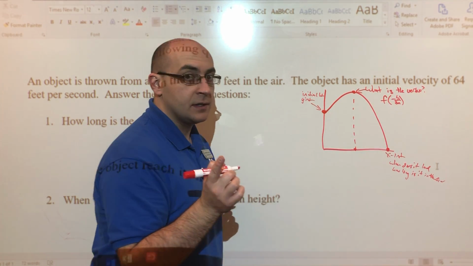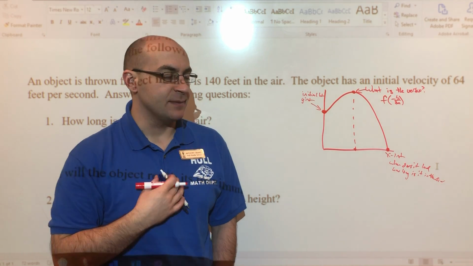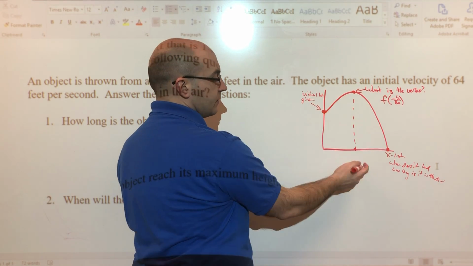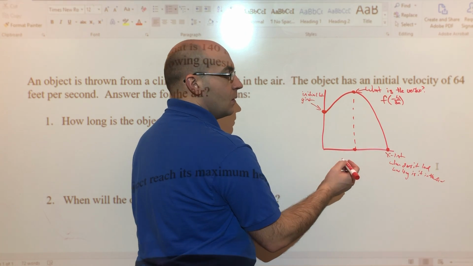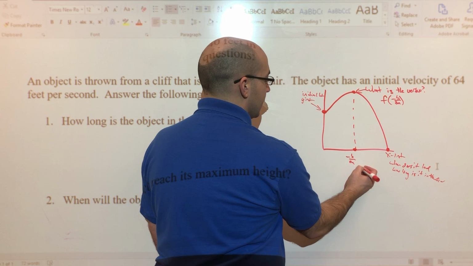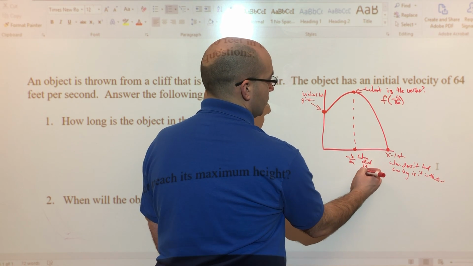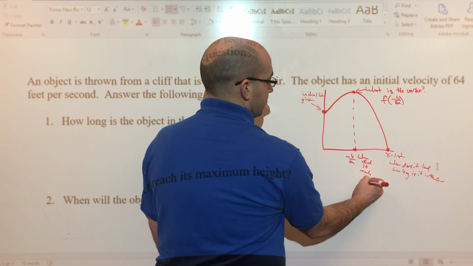Meaning find negative b over 2a and then plug it back in to find the function's value at negative b over 2a. The other question regarding vertex is, well, when did it reach its maximum height? Which is negative b over 2a completely. So that'll be, when did it reach its max?